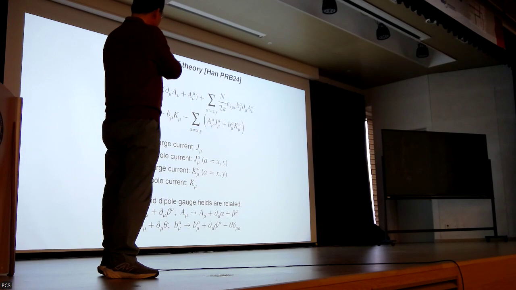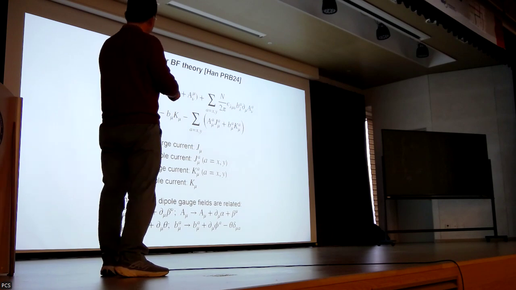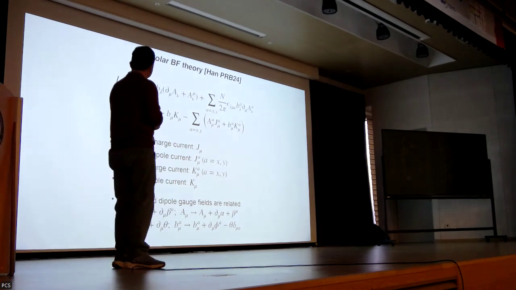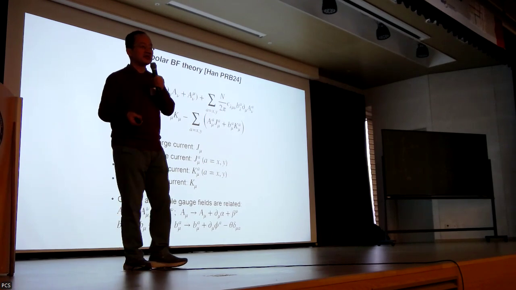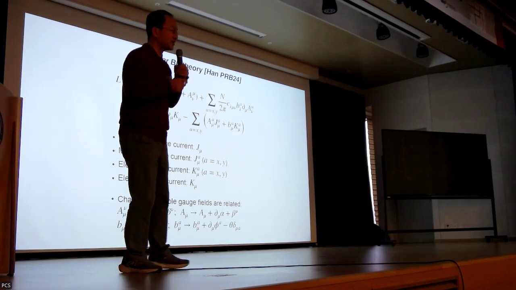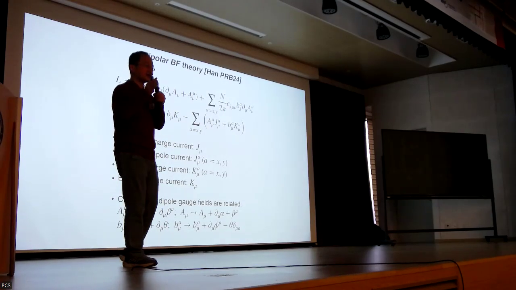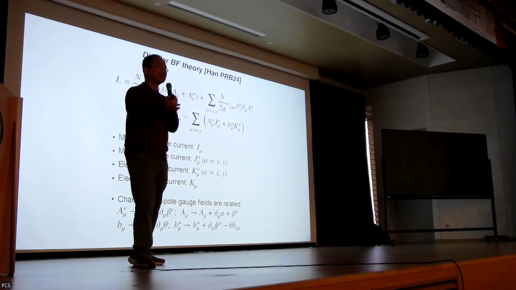As you can see, it looks like the ordinary BF theory, but there's this extra thing with an extra upper index. The lower index refers to the usual space-time coordinates. The upper index refers to the two orientations of the dipole.